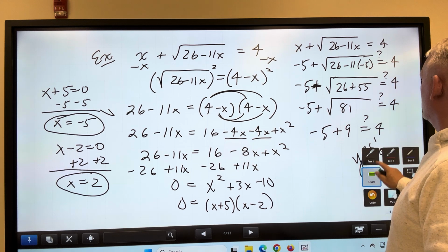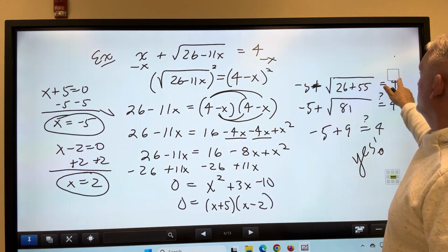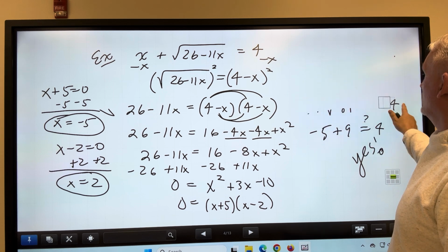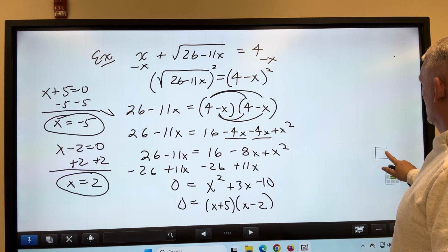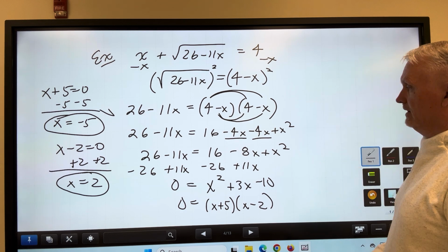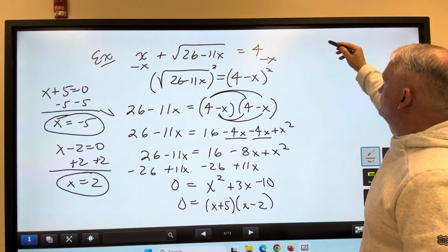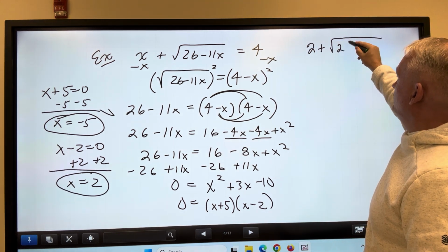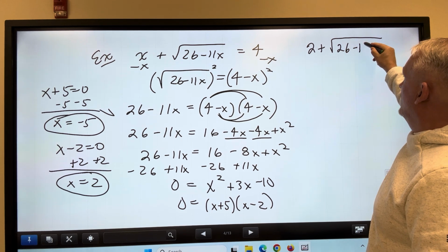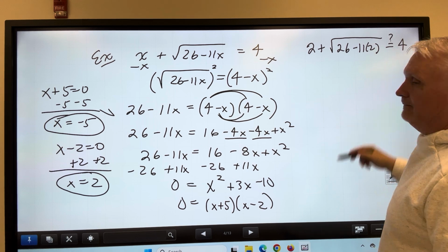I'm going to erase this. And let's find out if this other one is the solution as well, because there could be no solutions, called extraneous. There could be one solution, or there could be two. So let's try 2. So I have 2 plus the square root of 26 minus 11 times 2. Does that equal 4?